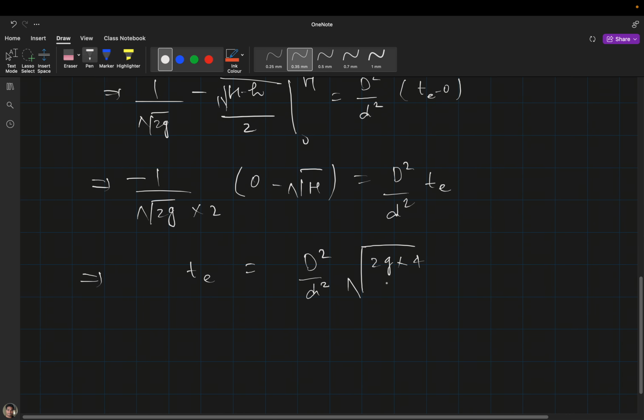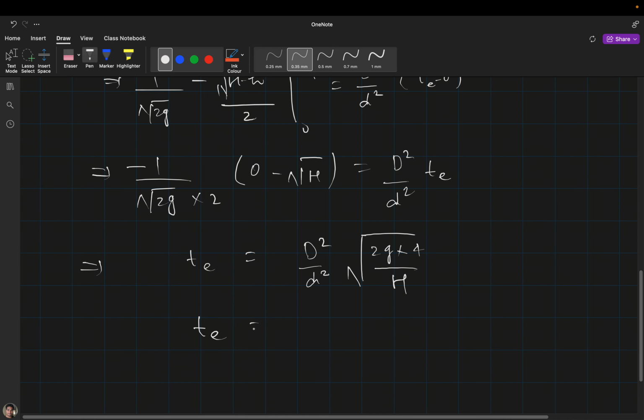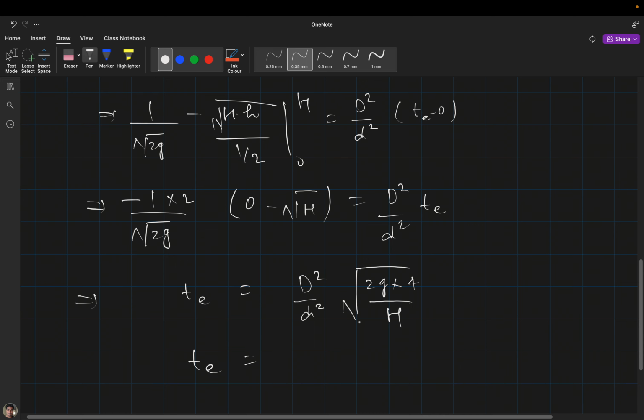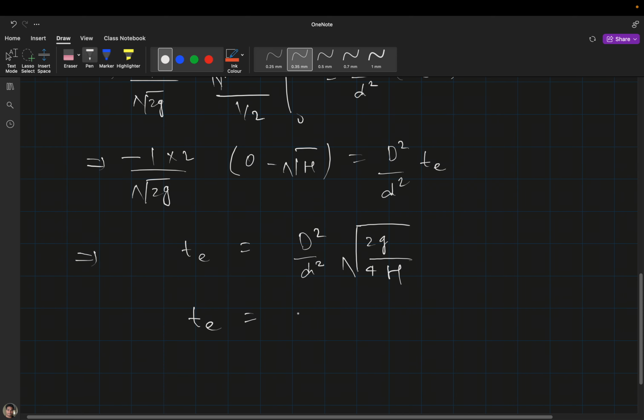Now here will be H. That will be the answer. Actually 1 divided by 2, so it will be 1 by 2, so 2 will be here, so 4 will be here. So the answer will be D square by d square, 2g by capital H.